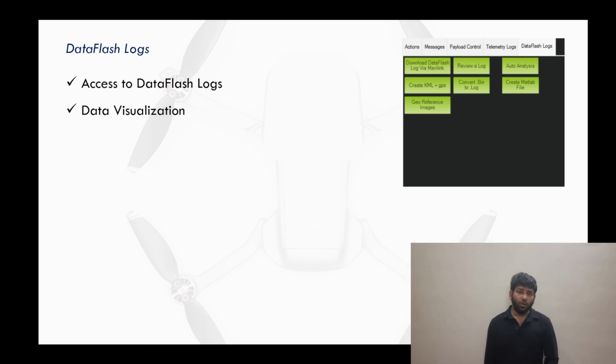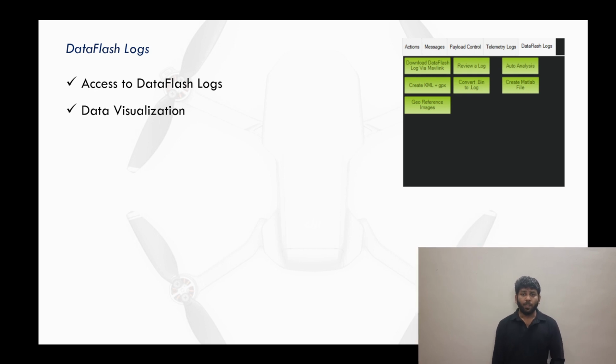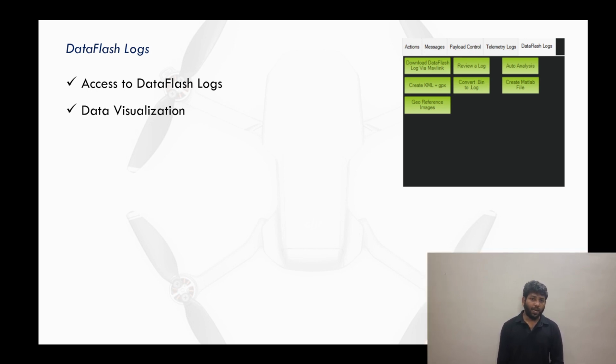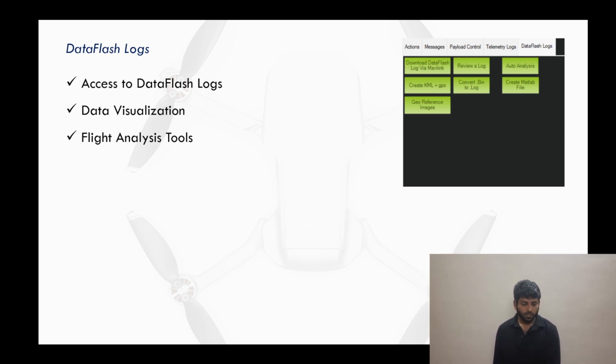Mission Planner allows you to visualize data flash log data using graphs, charts, and tables within the data flash log panel. The data flash log panel may include tools for flight analysis such as filtering, sorting, and data manipulation functions.